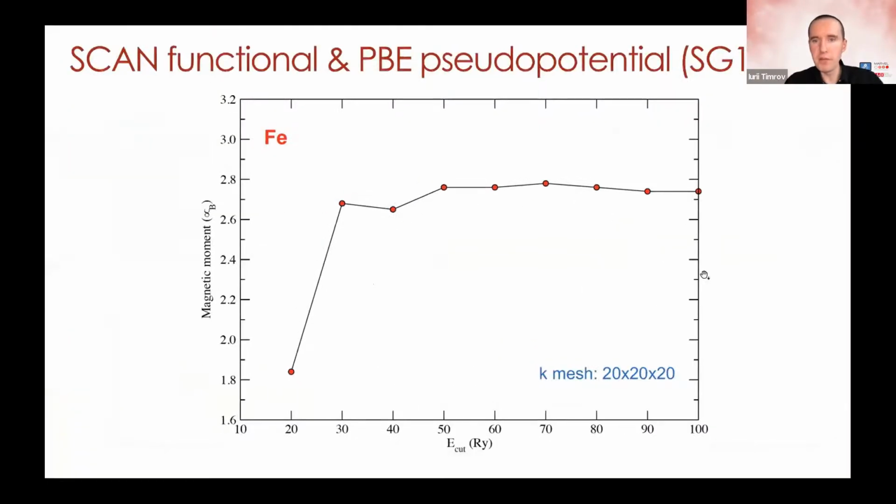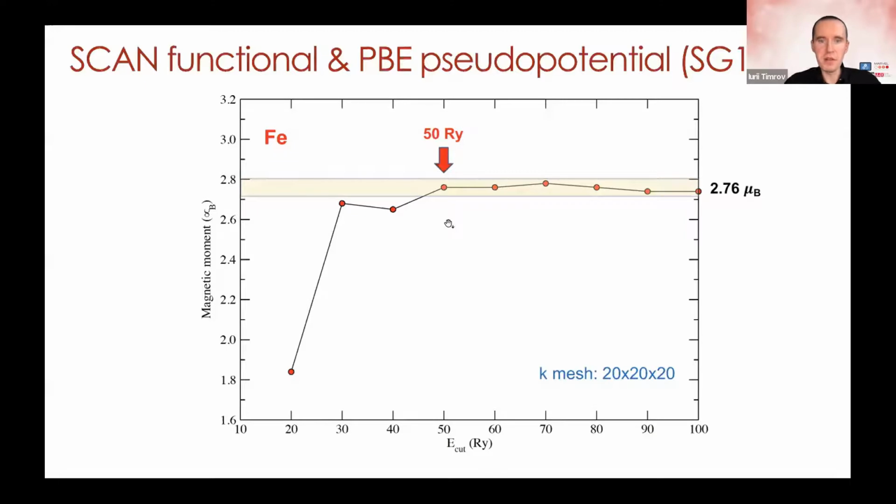So while waiting for the results, we can continue the discussion. So we see here the convergence looks this way, and more or less around 50 Rydberg we are already converged. So it's better than the case of silicon.